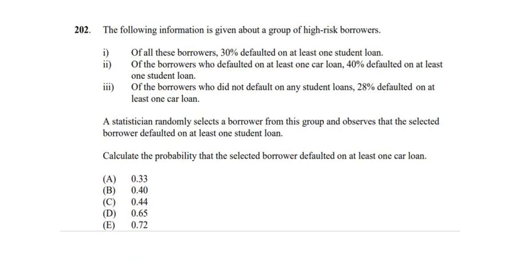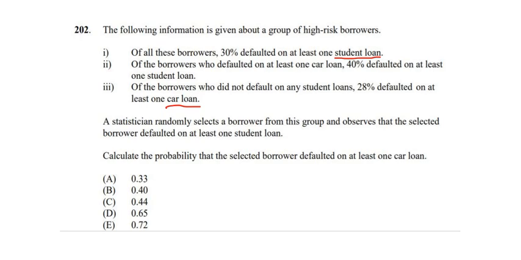So for this problem, we have students with a student loan and some people with a car loan. So there are just two facts, and we can use a Venn diagram.